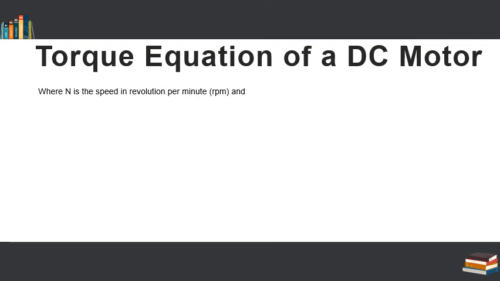Where N is the speed in revolution per minute, RPM. So n is equal to capital N by 60, where n is the speed in RPS. Therefore, Eb is equal to phi Z n P divided by A.